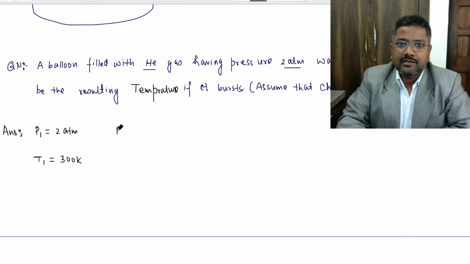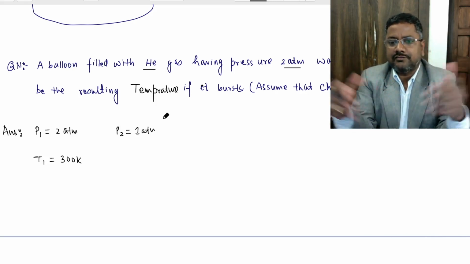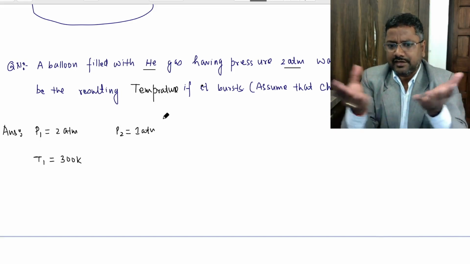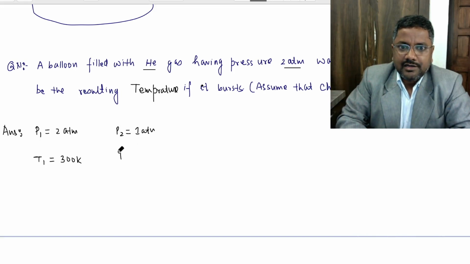The final pressure will be 1 atm, because whatever pressure is there inside the balloon, after bursting it will disappear, and the final pressure is that of the surrounding, 1 atm. T2 is what we have to find out, the final temperature.